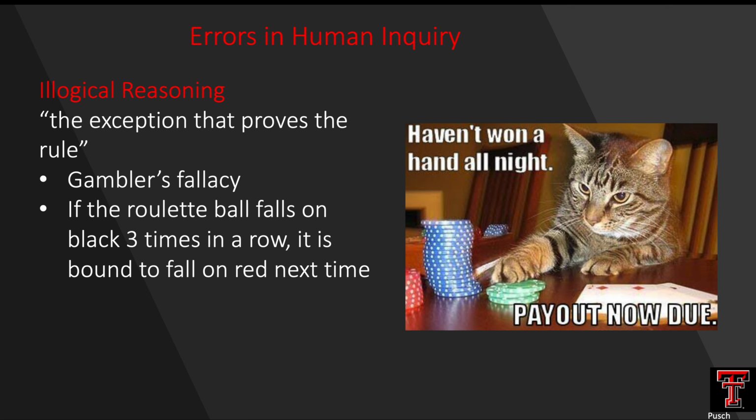For example, if the roulette ball falls on black 3 times, you might be thinking, well, it's bound to fall on red next time, so I'm going to bet on red. When really there is no bearing on what was rolled previously. So there's the same amount of probability that it's going to land on black rather than red.